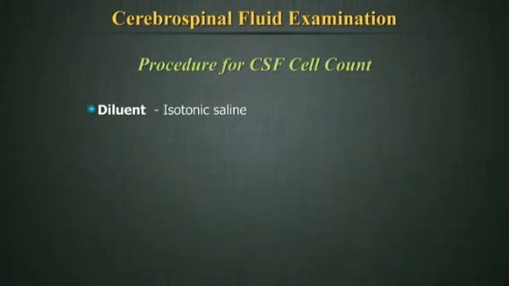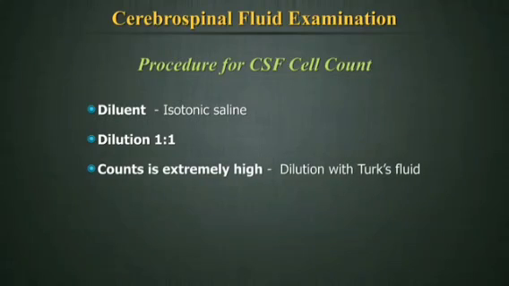If a diluent is required, isotonic saline may be used since it preserves both WBCs and RBCs. A 1:1 dilution is usually adequate to obtain a cell count. If the counts are extremely high, as in WBCs, dilution with Turk's fluid can also be done.